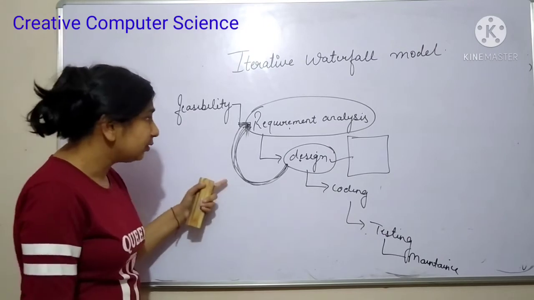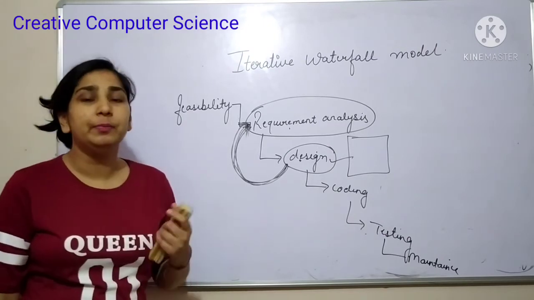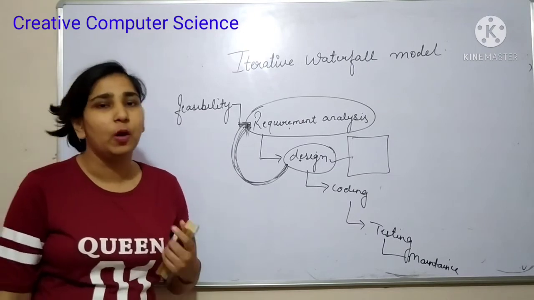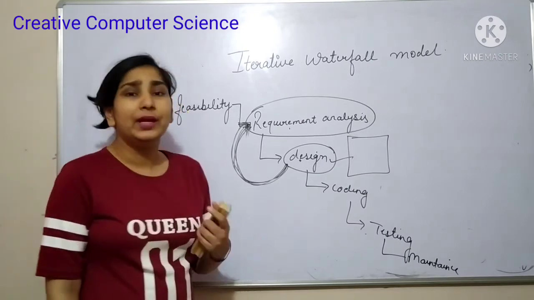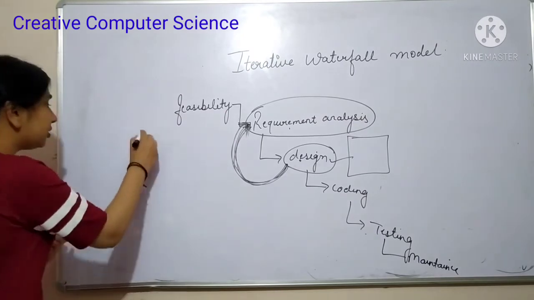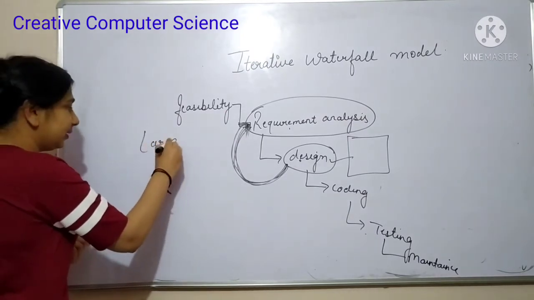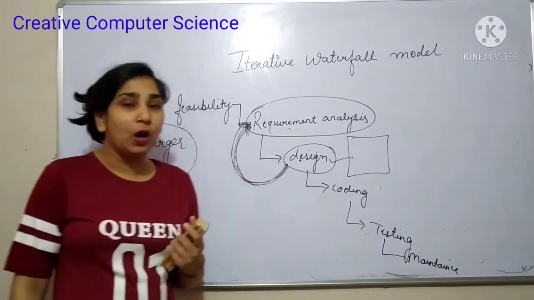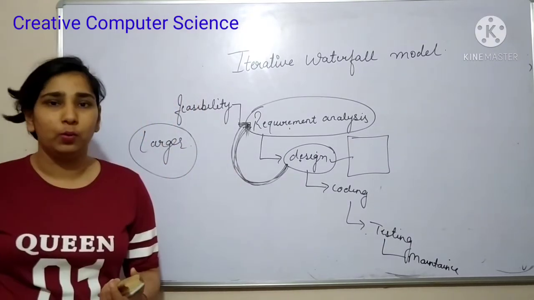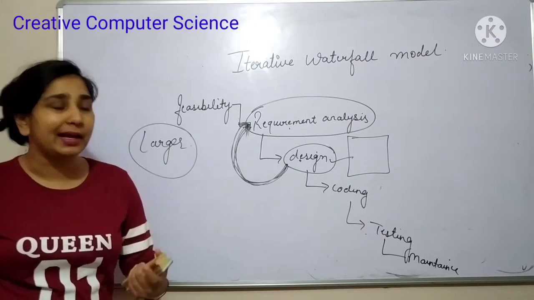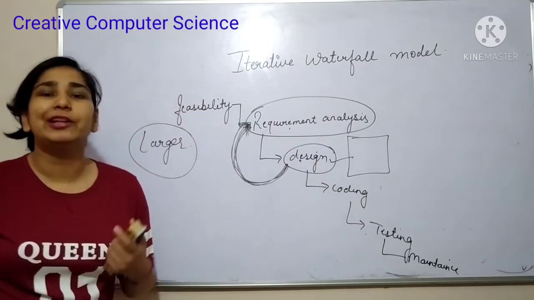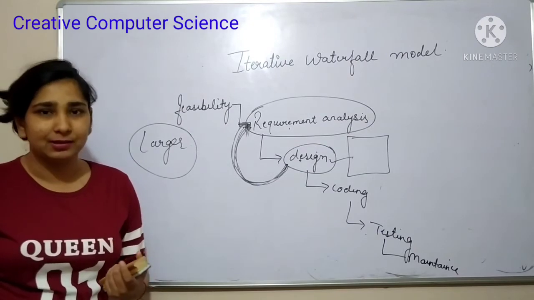So how did we improve the shortcoming of the classical waterfall model? Look, we are working on a larger software product. It is not that in one go, the very first time, you will gather all of the requirements of your product.